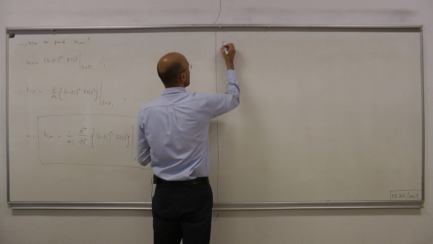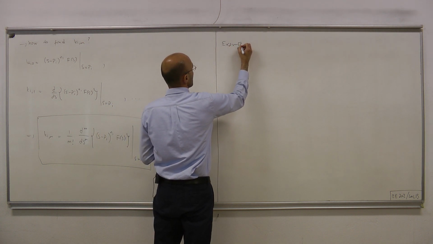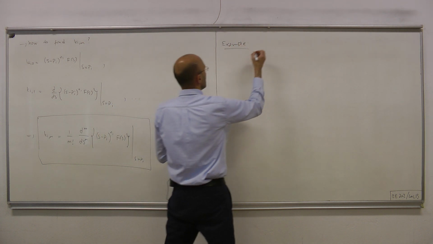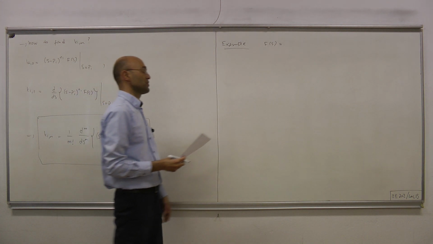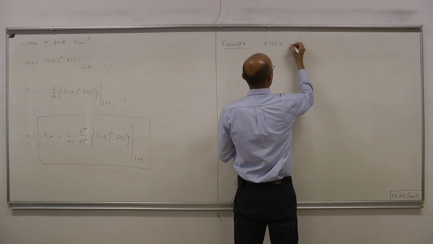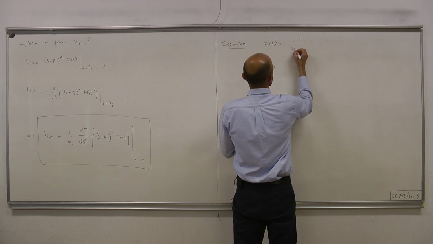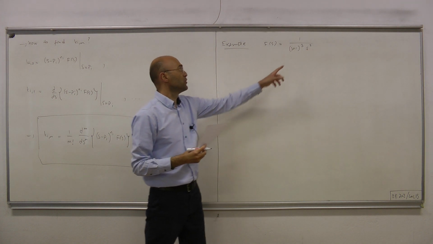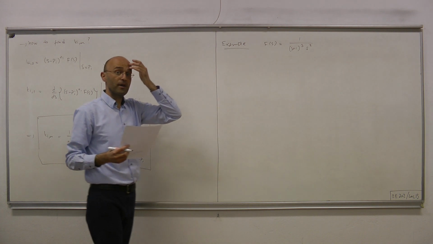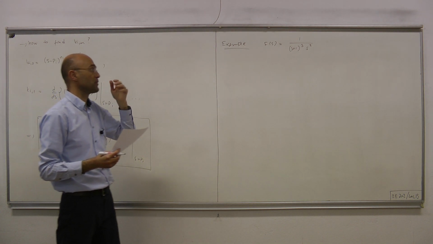Here is our example. Compute f of t for the following f of s, which is 1 over s plus 1 to the 3 and s squared. Now the denominator polynomial is of degree 5. 3 plus 2, 5.